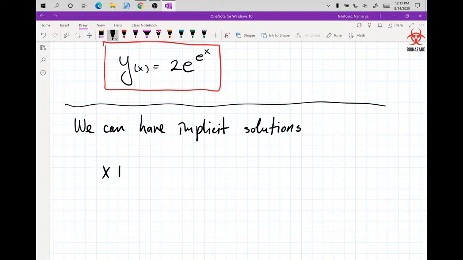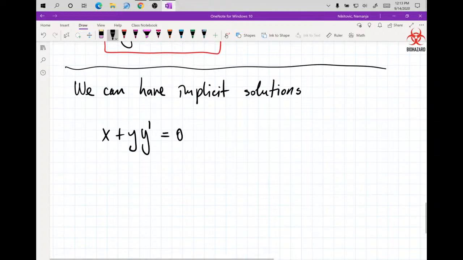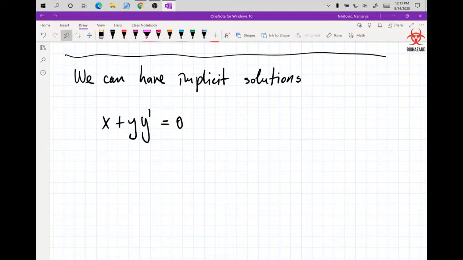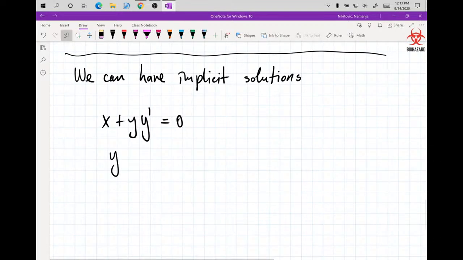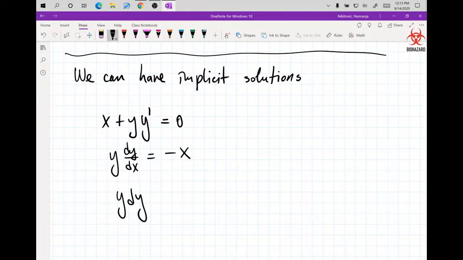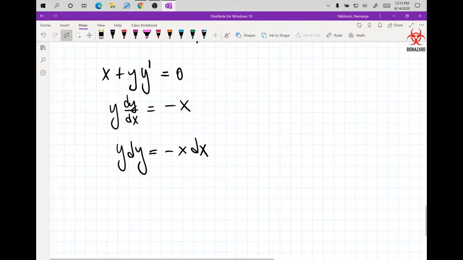X plus y times y prime equal to 0. So y dy dx is equal to negative x, and y dy is equal to negative x dx. Yes, okay, good. This gives you a circle.